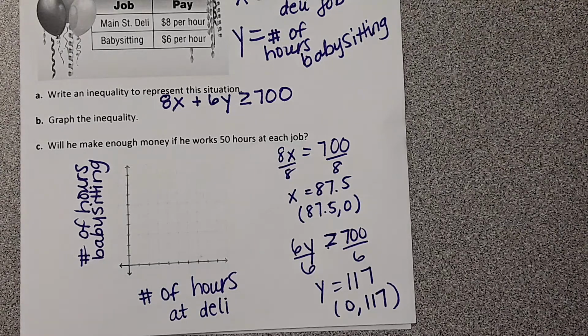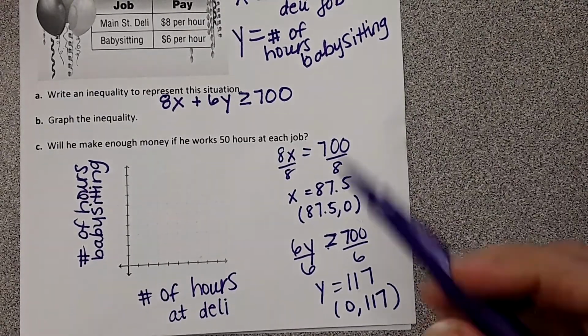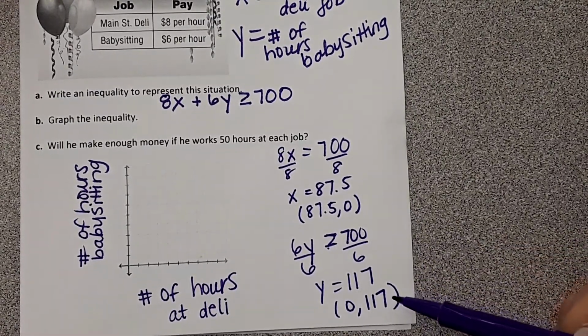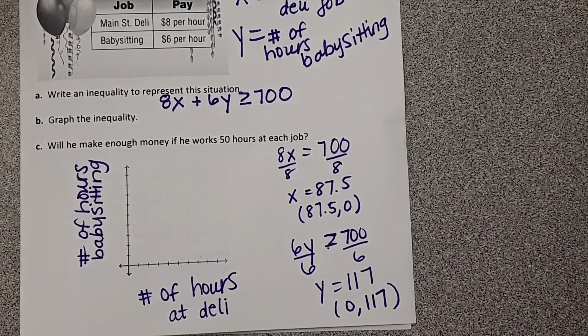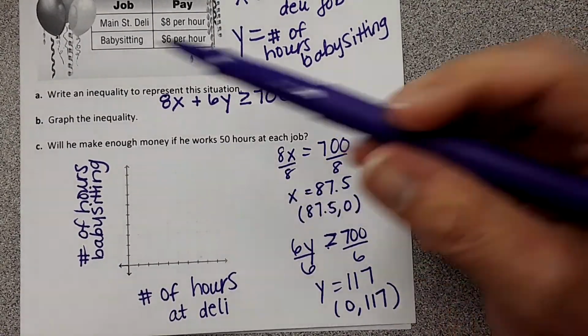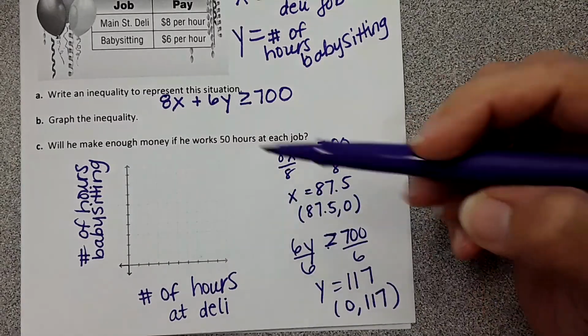So what that means is if he doesn't work at the deli job, he has to work 117 hours babysitting. So we are going to graph this, okay?